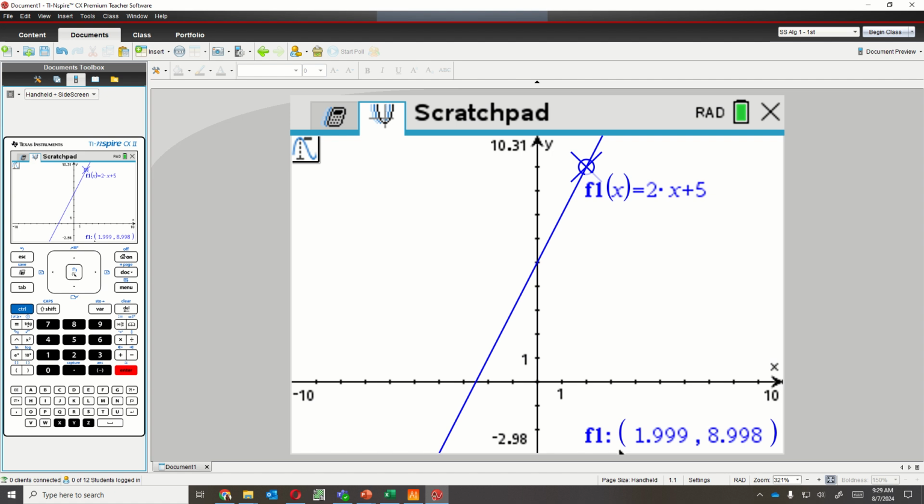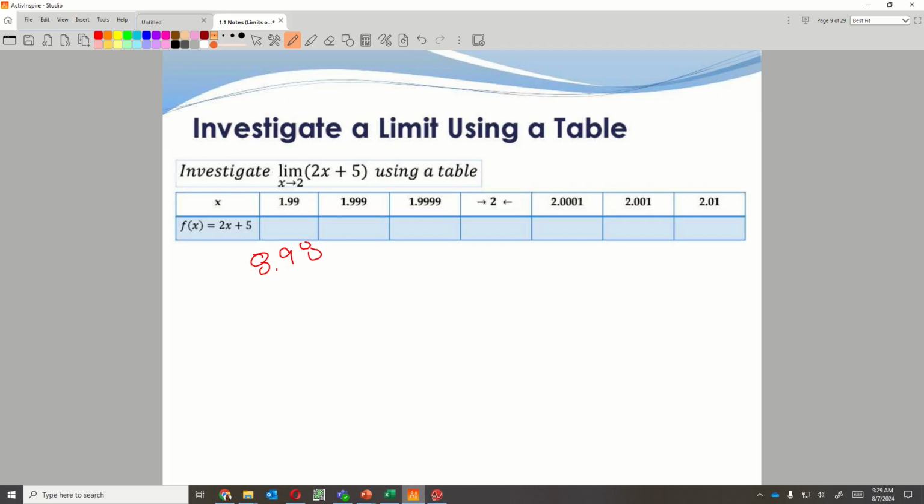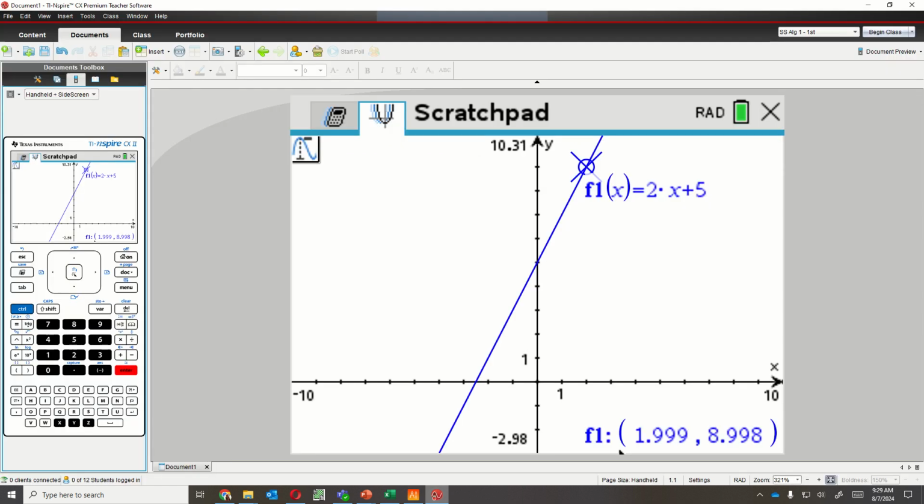I get 8.998. Then four nines: this one right here is 8.9998.